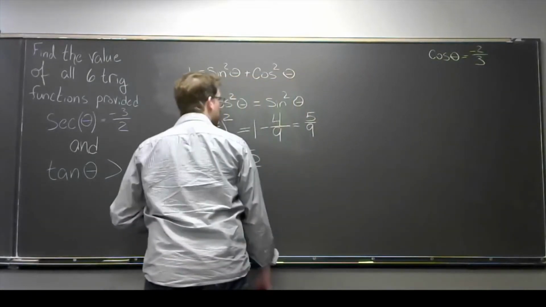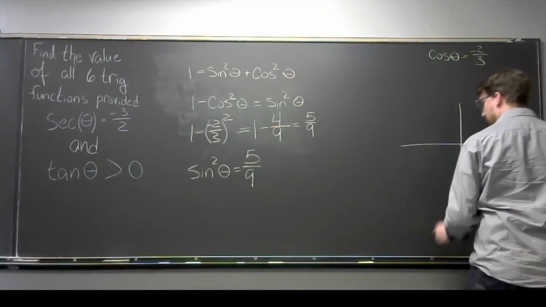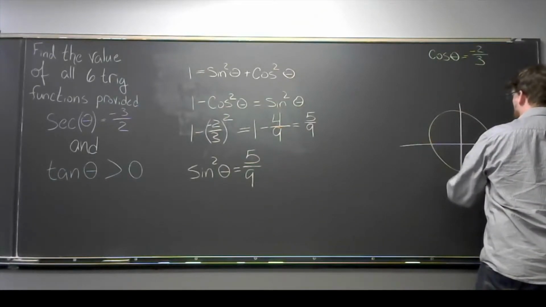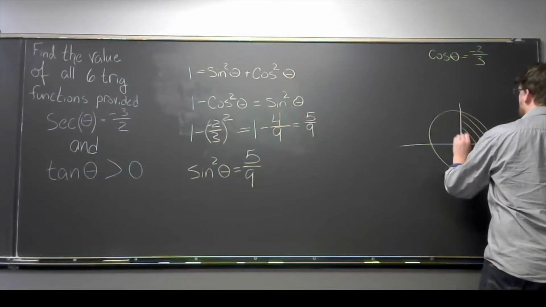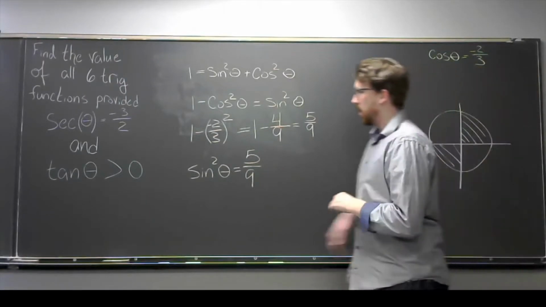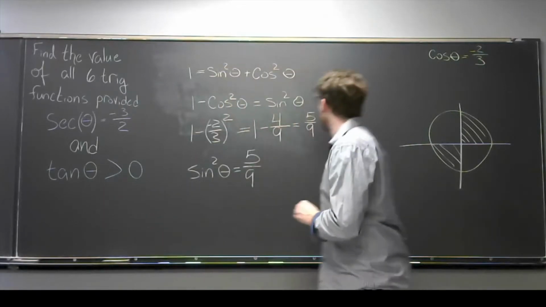So, let's actually draw that over here. In this top right quadrant and in this bottom left quadrant. That's when tangent theta is greater than 0.